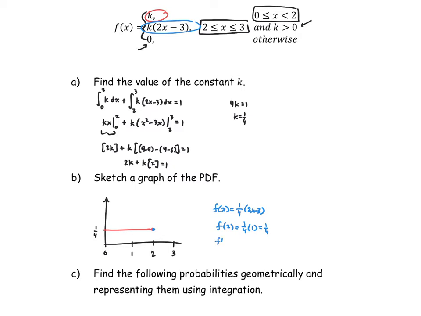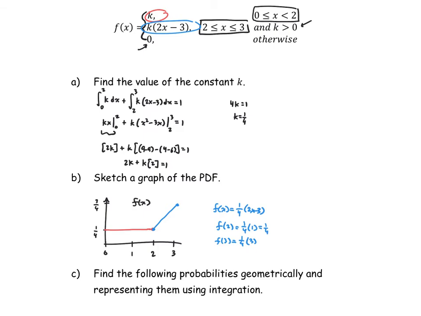And then f at 3 is going to be a fourth times 6 minus 3, which is 3, which would be 3/4. So we would have an output of 3/4 way up here. Okay, so I can see a linear function. There's my PDF. So the area under the curve above the x-axis beneath the red and blue graphs should equal 1 if we integrate from 0 to 3. Okay, so there's our PDF f of x.